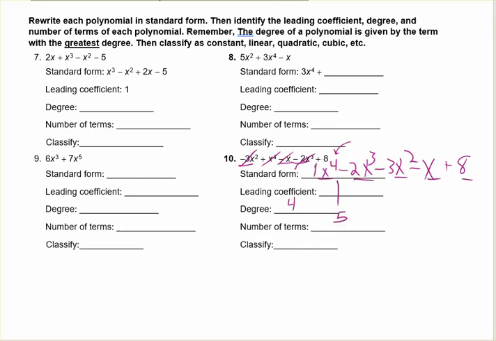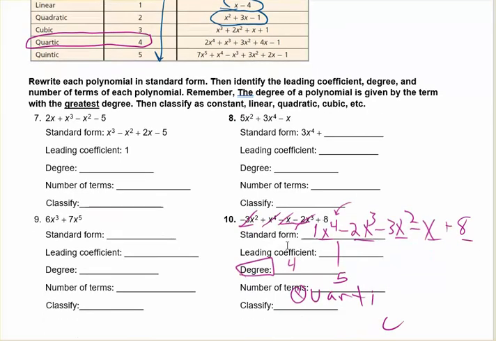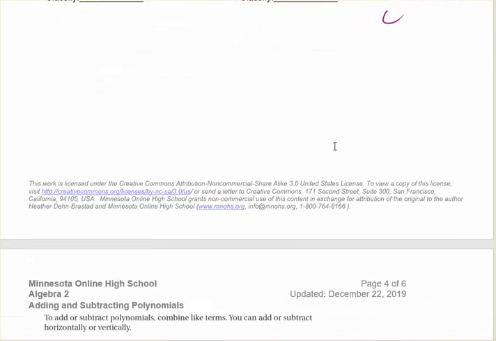And to classify this, I look at the degree. So let's go back up to that chart. The degree of mine is 4, right here. If the degree is 4, we would call this a quartic polynomial. Q-U-A-R-T-I-C. Now it's done. Oops, my C moved.